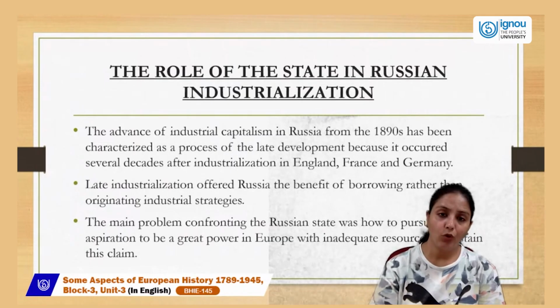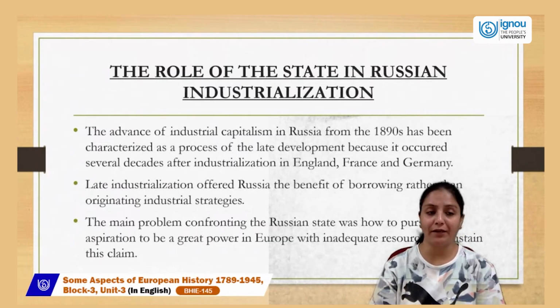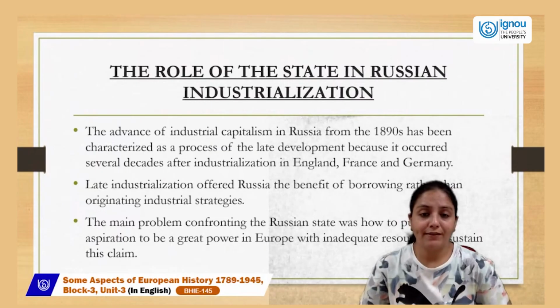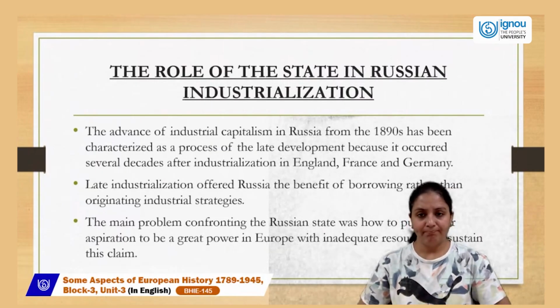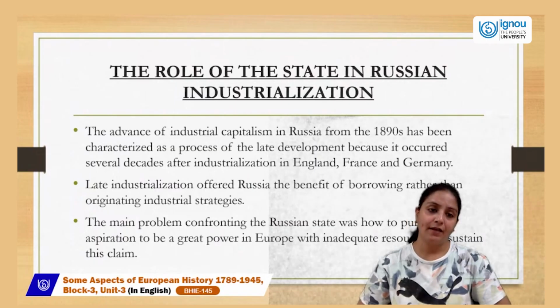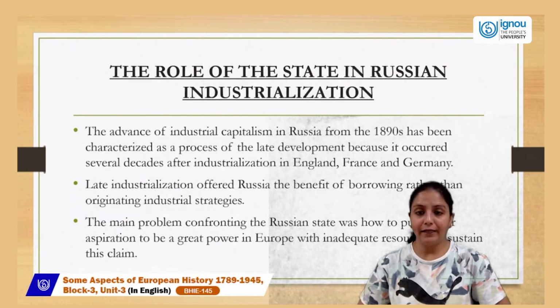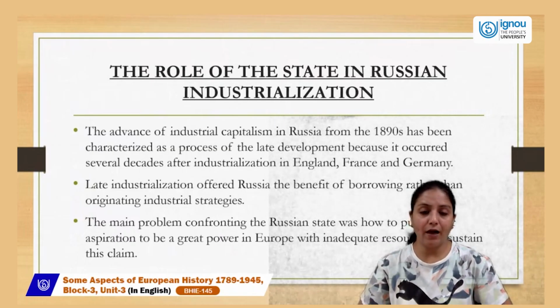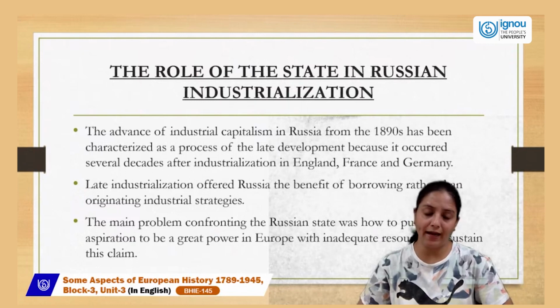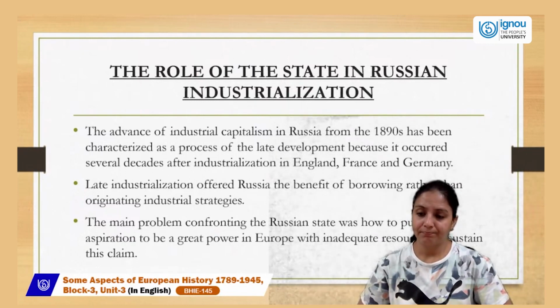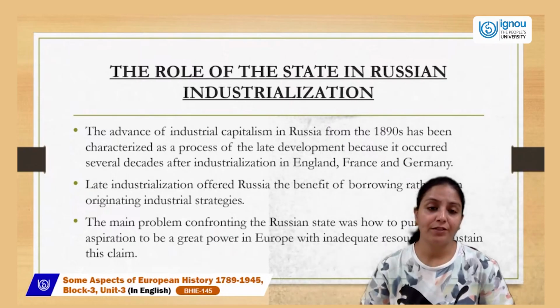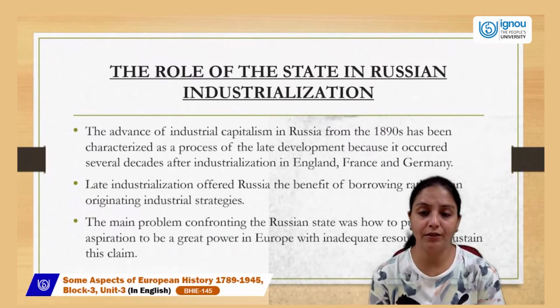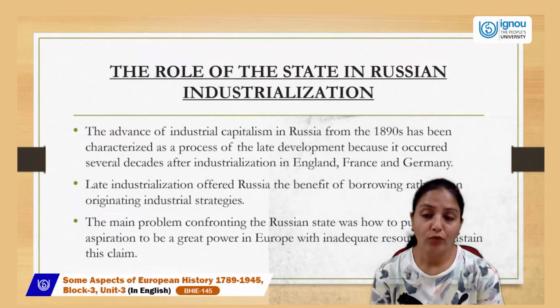It was trying to explain the advance of industrial capitalism in Russia from 1890s, which has been characterized as a process of late development because it occurred several decades after industrialization in England, France, and Germany. What was the time period?